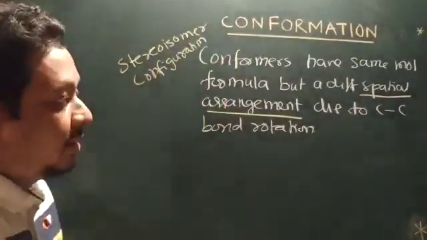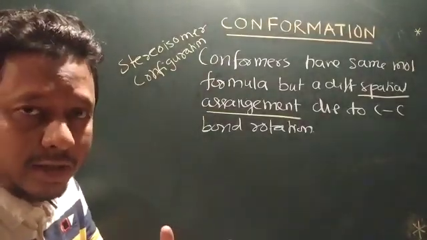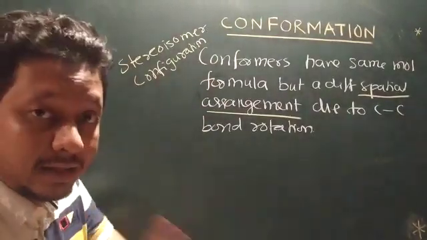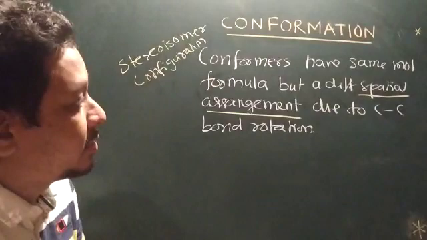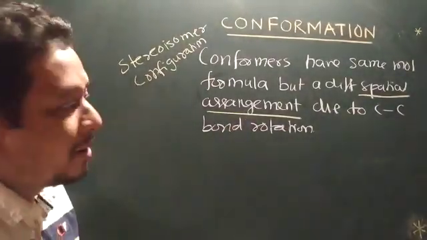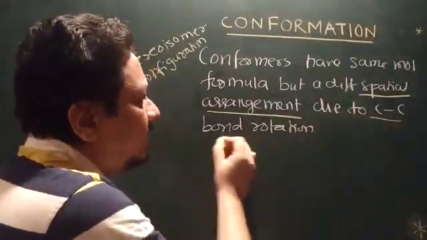Over there we have seen that there are two molecules having the same molecular formula but different spatial arrangement due to chiral carbon. Chirality is very important for stereoisomerism. But over here, the conformers do not have a chiral carbon, but they can produce a different spatial arrangement due to C single bond C rotation.